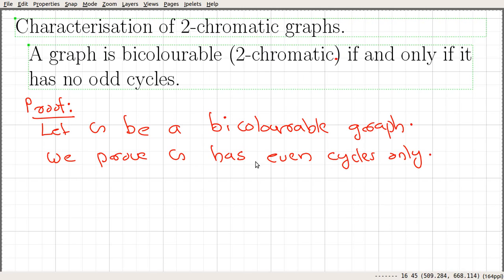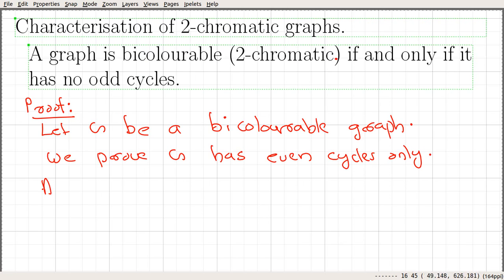Okay, so we are going to prove this direction by contradiction. We assume that G has at least one odd cycle, and we will get a contradiction, and that says G has only even cycles.